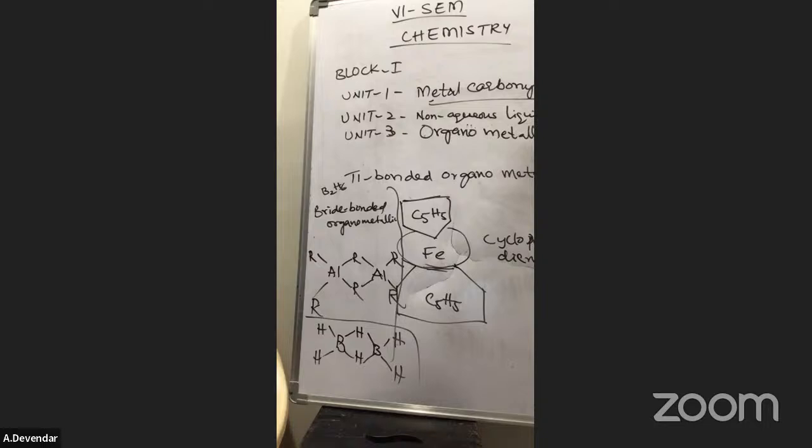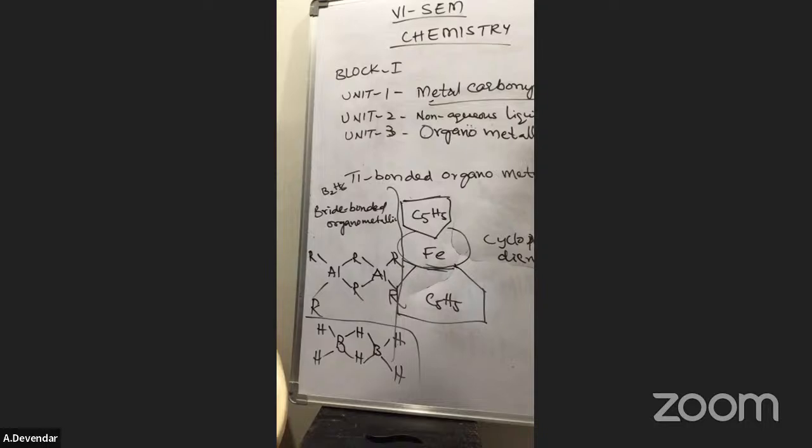Next, in that first chapter, the 18 electron rule is there, and the Sidgwick rule. Next, structures of metal carbonyl compounds. These are short bits, and these are the important bits present in the first chapter.